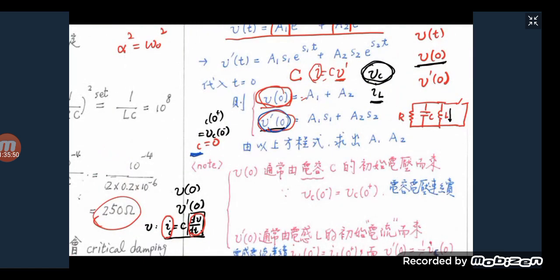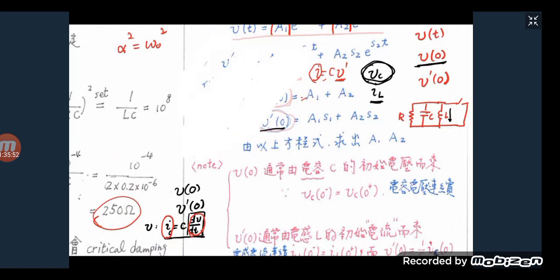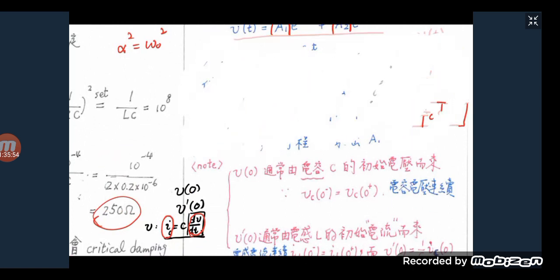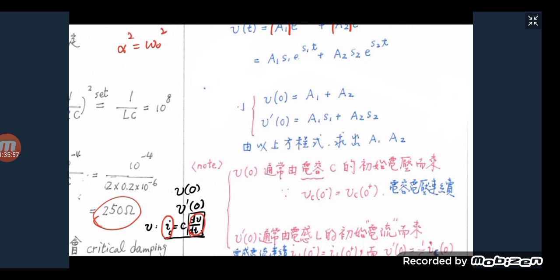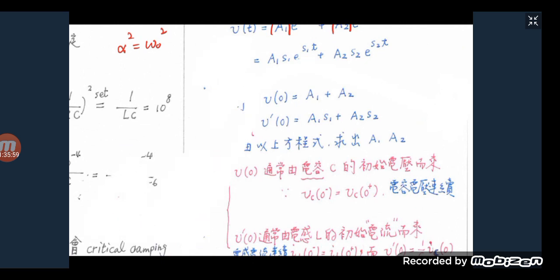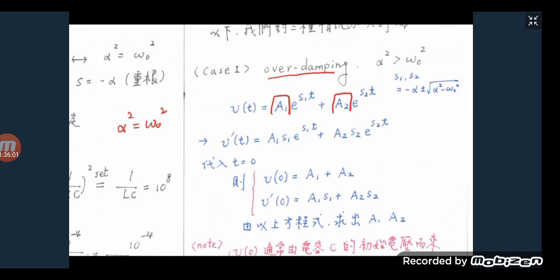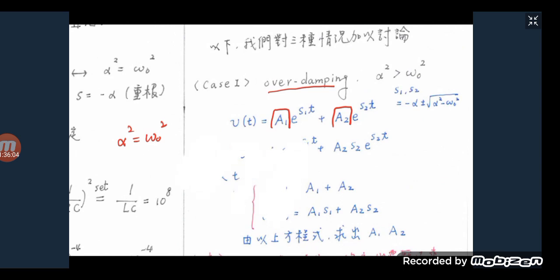Okay, so here we would like to talk about how to give initial conditions. I think you know about this one. For example, we assume that the initial condition happens at time 0.